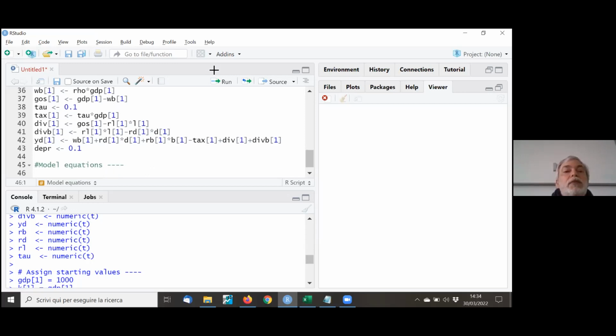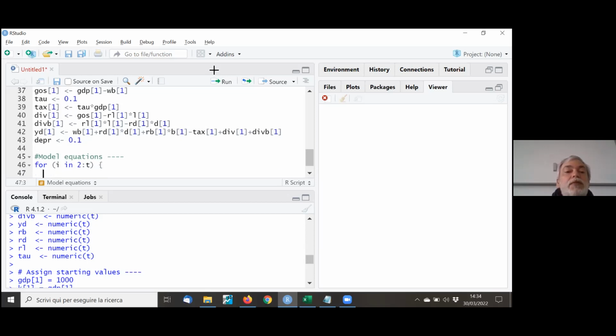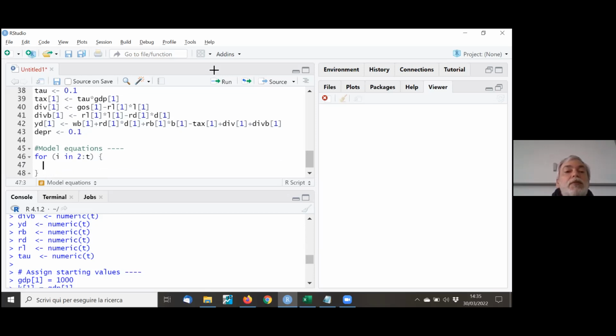For every i, open parenthesis, i in 2 to T. So from 2 to T, and then curly brackets, braces, yeah. And then we can start with the iteration.